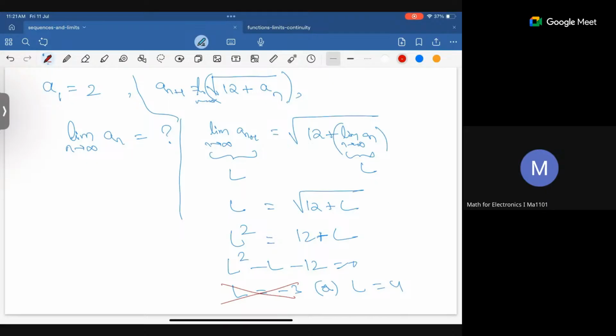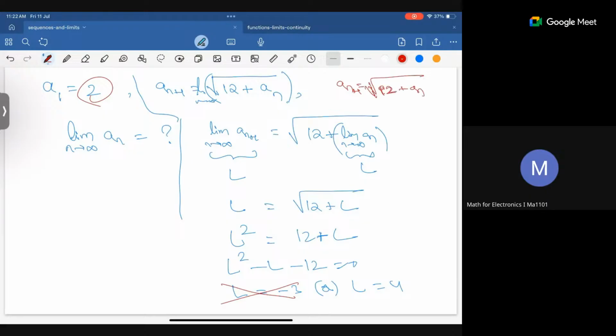because you can see a1 is 2. And once you look at the first 2, 3 terms, you will see that the sequence will be increasing. Also, another way to look at it: the sequence is a(n+1) equals square root of 12 plus a(n).